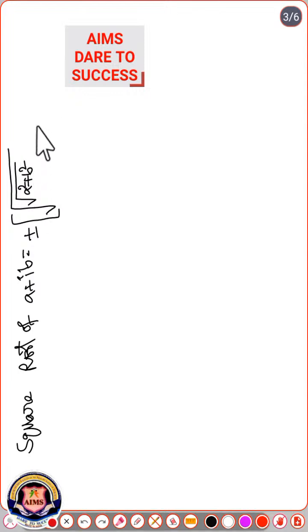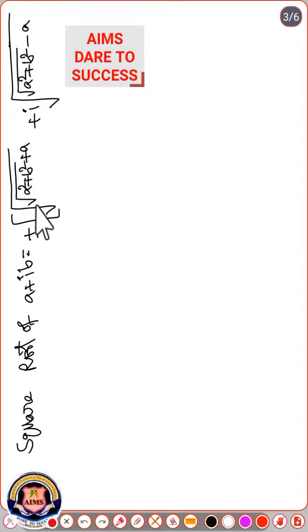Then coming to this plus i, you write and take one more big root, and numerator again root of A square plus B square. Here numerator plus A, here numerator minus A, next divided by 2 and 2.